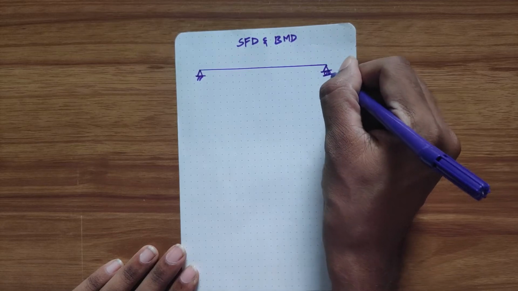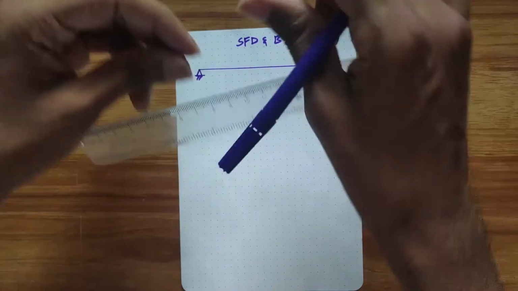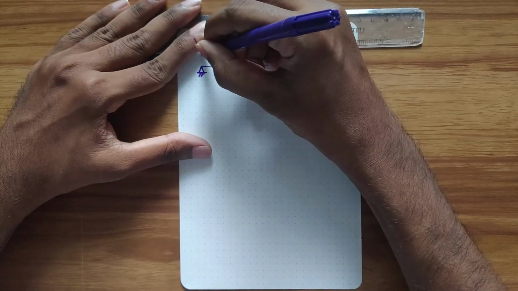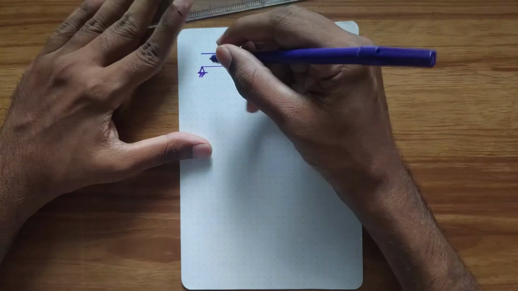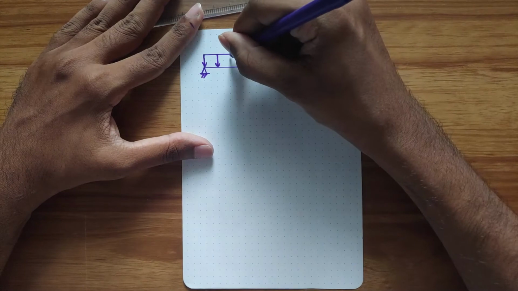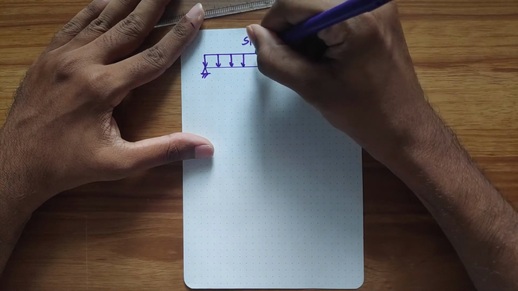Let's take a combination of two loads, a uniformly distributed load. So uniformly distributed load is also called a rectangular load.